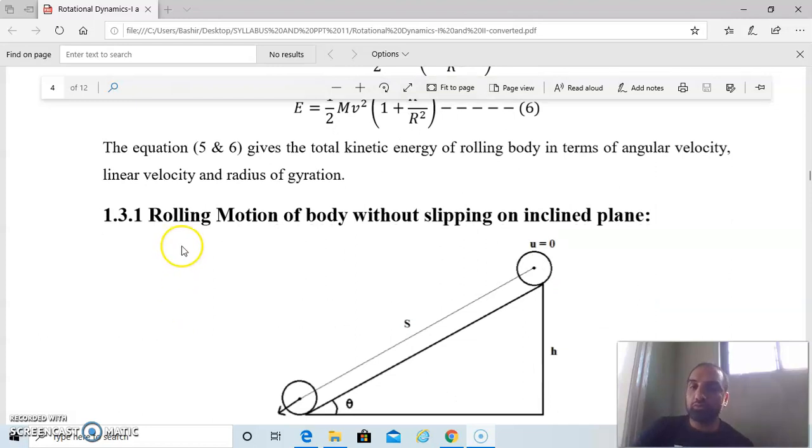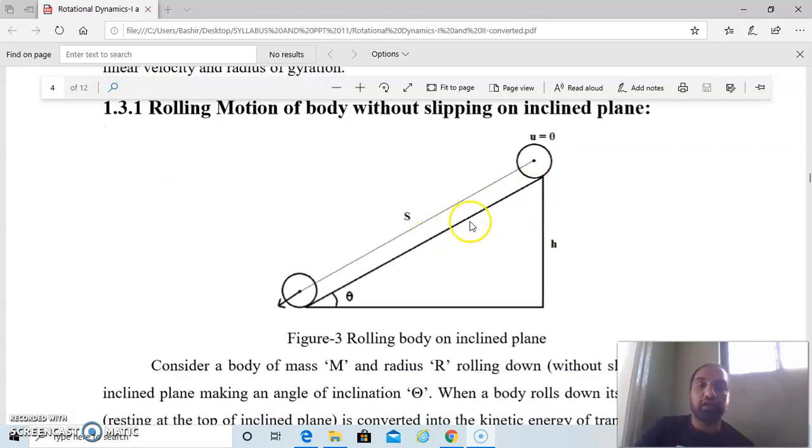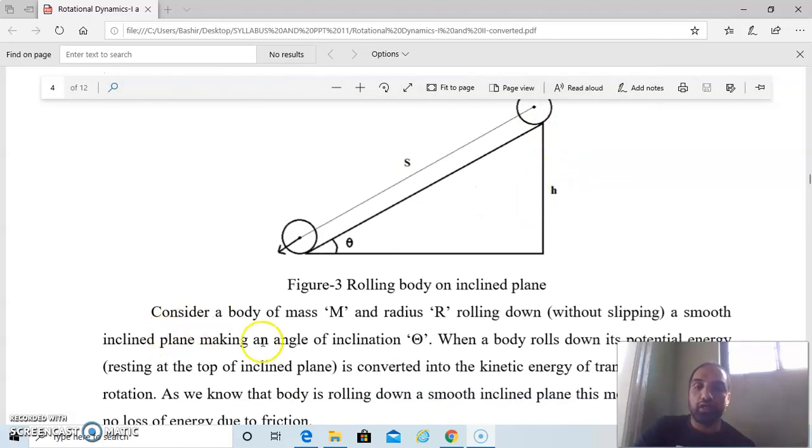Now move towards the rolling motion of a body without slipping on an inclined plane. So this is the inclined plane with the angle theta, and if the body is kept here at height h, initially its kinetic energy is zero. Why? Because it is at rest at the top position and it has the potential energy. So that body of mass m, radius r, rolls down without slipping.